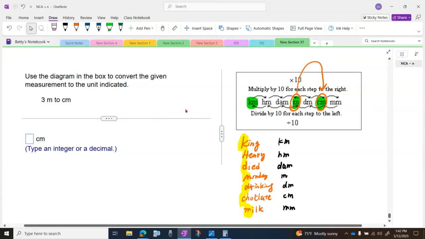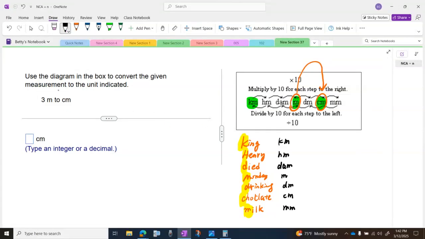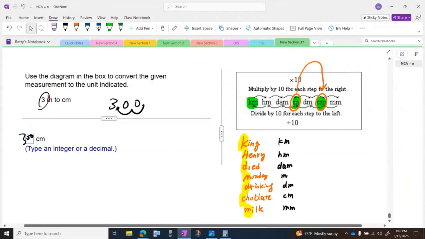All you need to do is move the decimal point in 3 to the right twice. 300. Very fast.